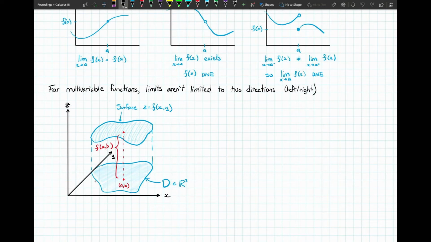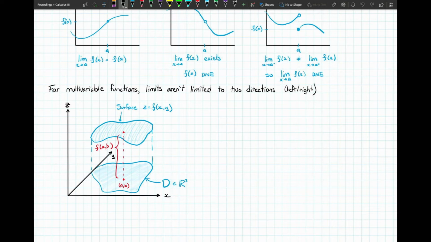Here is the domain of that function, represented as some sort of set on the xy plane. That's our input, and for every one of these points a, b where f of a, b is defined, we have a z value, and that gives us a height, a point on the surface.